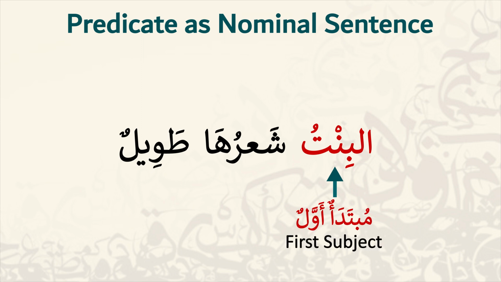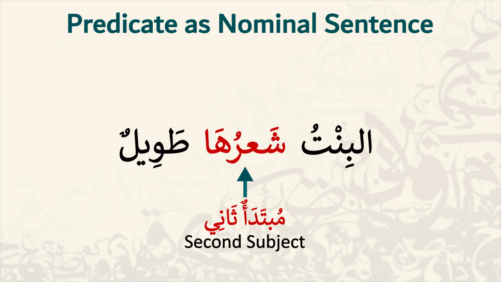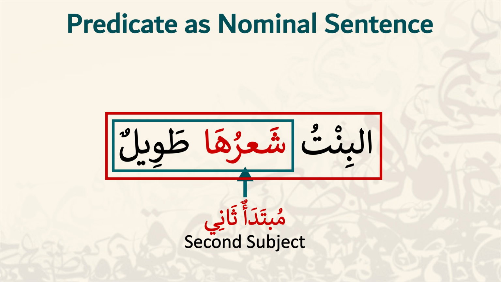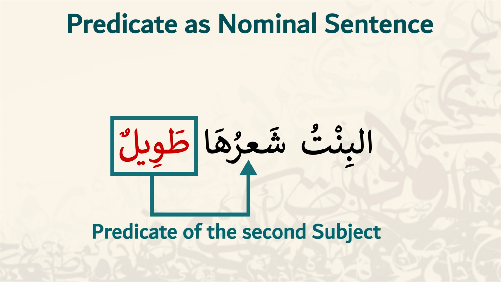Then the second word, شعرها, is a second subject, مبتدأ ثاني, for this sentence. So practically we have two nominal sentences, one inside the other. The third word, طويل, is the predicate of the second subject, and its type is singular because it's a single word.